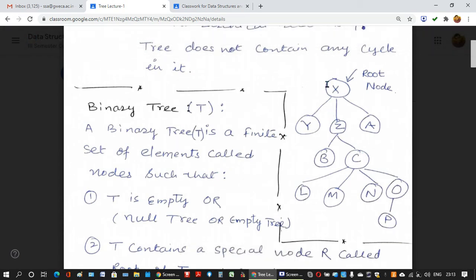Because in this the great grandparent is this, and in that the great grandparent is that. If you identify c as root, so conclusively, it is important to identify root. And unless you identify root, you cannot say that this is the tree I'm talking about.